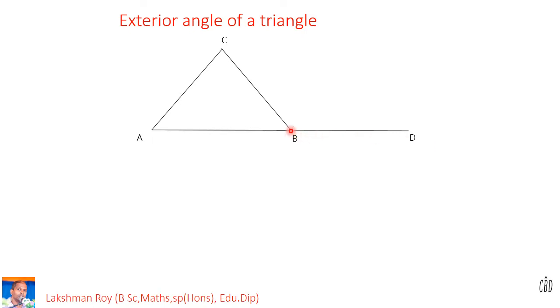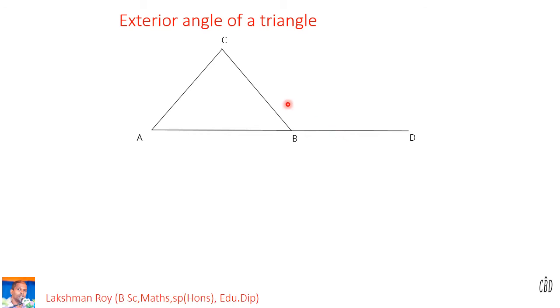So now you can see in this B vertex, two sides are there. One side is AB and the other is BC, right? Those are the two sides. So in this B vertex, I produce AB side, right?